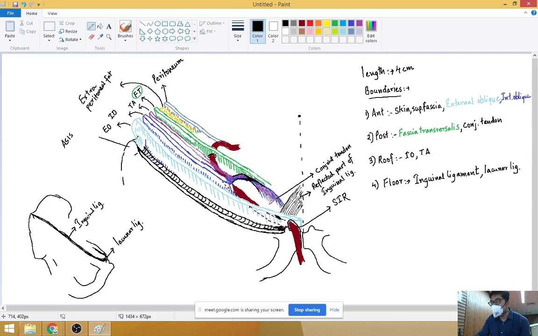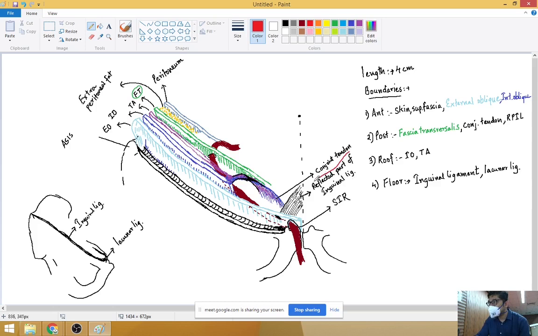See which wall it is forming, if the spermatic cord is running like that. You can see in the medial fourth, this is forming the reflected part of the inguinal ligament. Okay, this part.